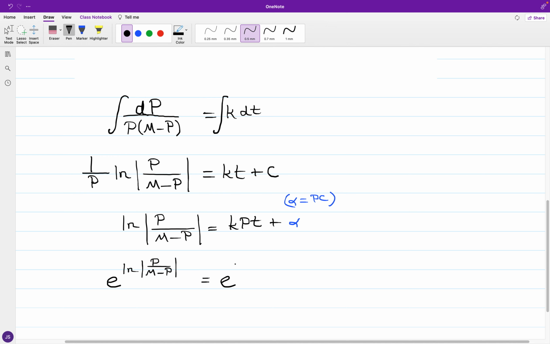So I have e to the kPt plus alpha. And if you notice in the follow-through, we have e to the kPt times e to the alpha, a constant raised to a constant. That's going to be yet another constant, so we'll just call this beta.